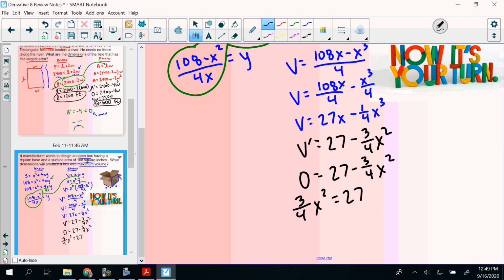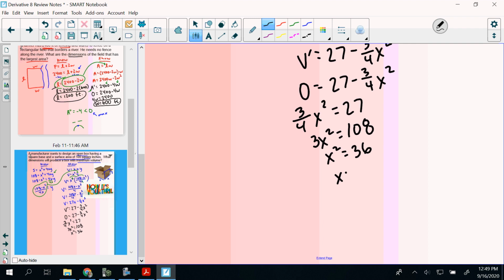So if we times that by 4, you got 3x squared being equal to 108. And then let's divide that by 3. And we got x squared being equal to 36. And so if you take the square root on this one, remember it's plus or minus here, square root of 36, which would be positive or negative 6.